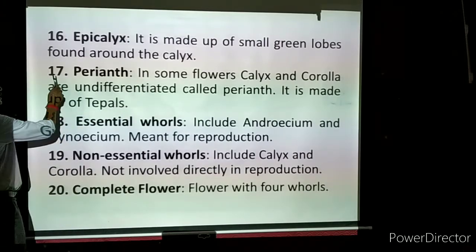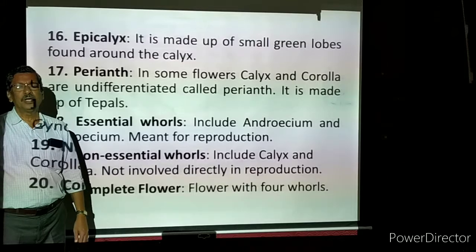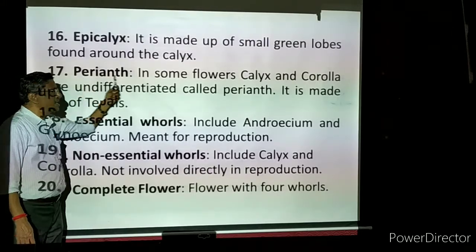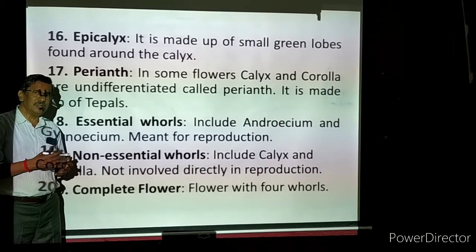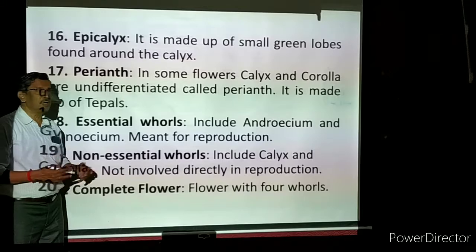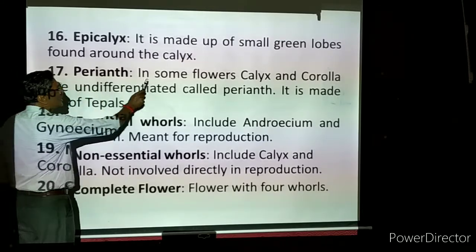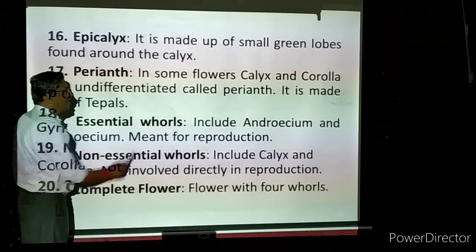Right. The next one is Perianth, P-E-R-I. We can pronounce this in two ways. Both are the same, both are correct. In some flowers, calyx and corolla are undifferentiated, called Perianth.